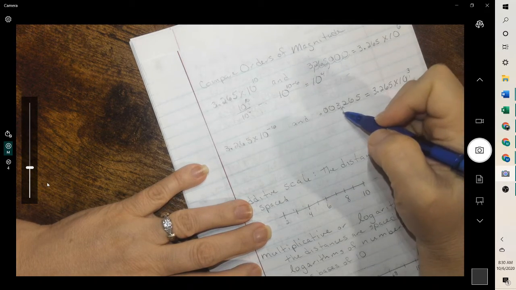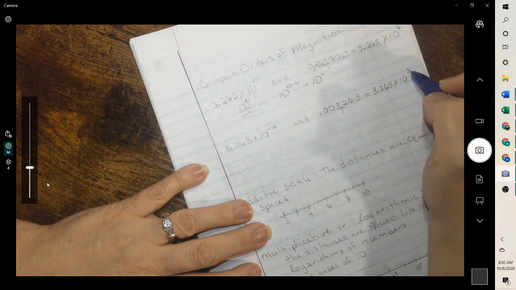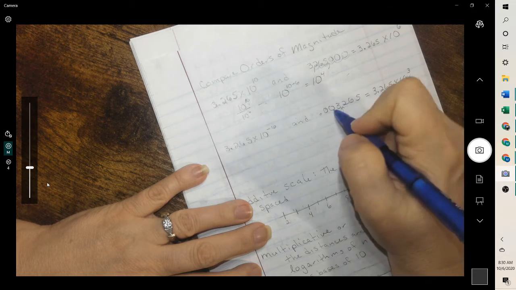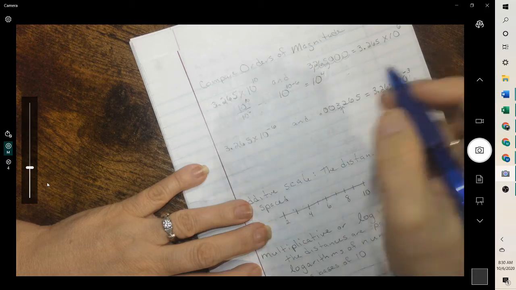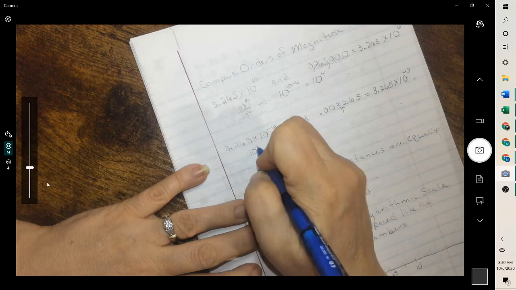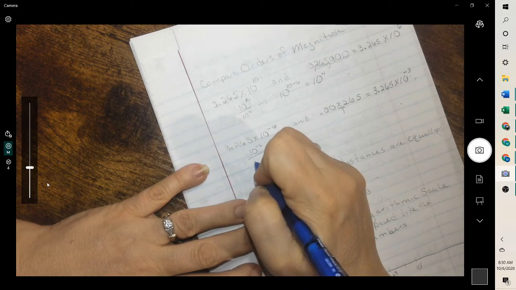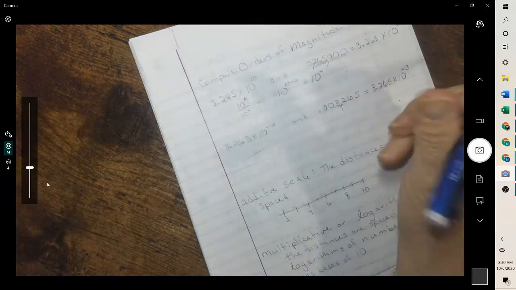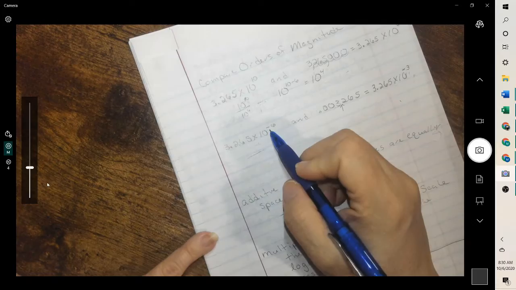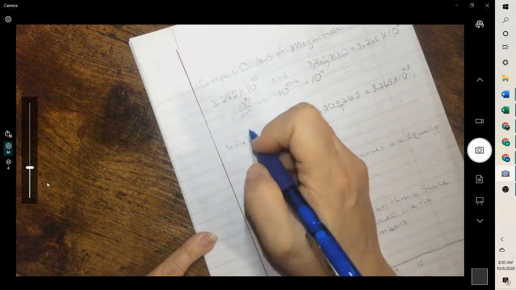But this number needs to be negative because this needs to get smaller. Then when we compare, you should put the smaller value on the bottom. Since this one is also negative, this is the smaller value.